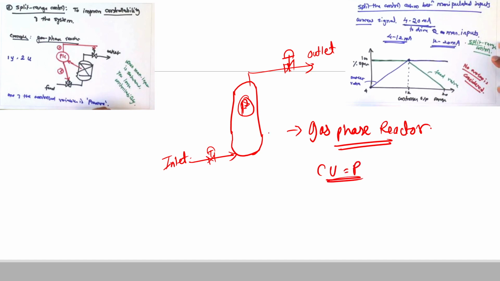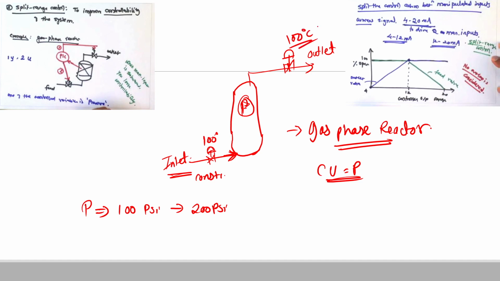Now let's say the pressure of the system increases, let's say the pressure was earlier 100 psig and it increases to 200 psig. And this inlet flow rate is constant. So the valve opening is, let's say, 100% open. Similarly, the outlet valve is also 100% open.